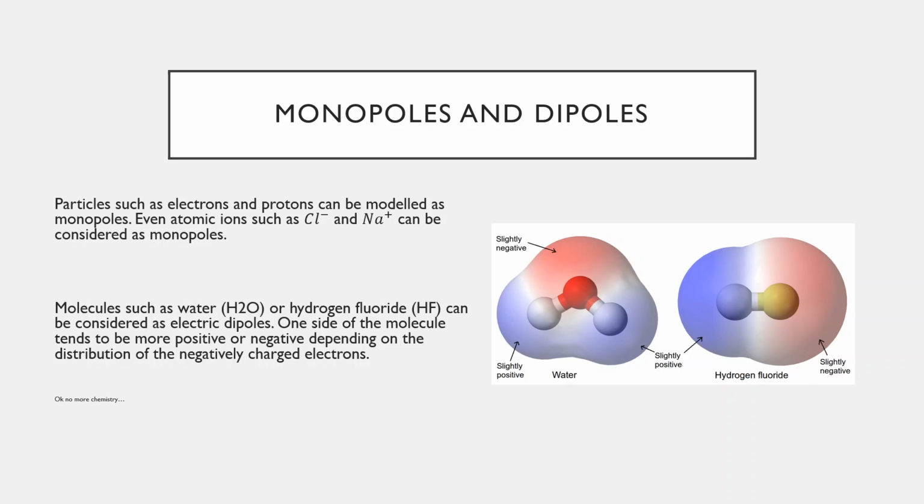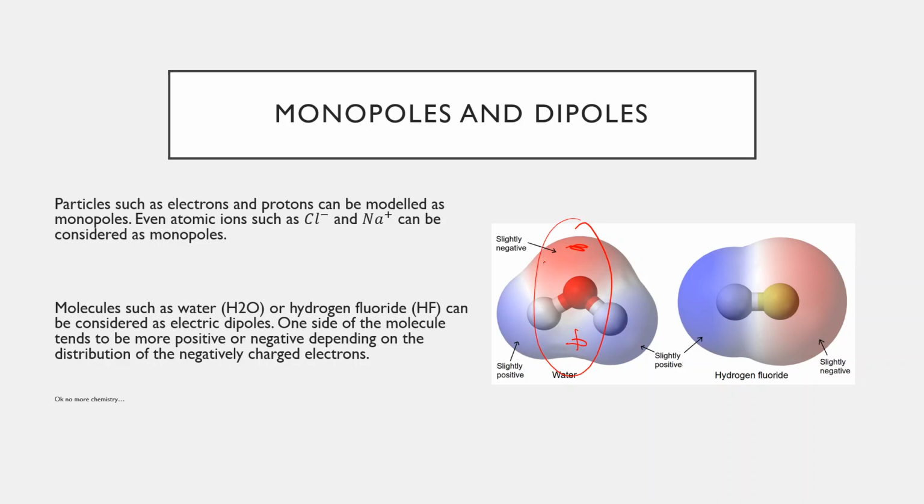So overall, the molecule itself is skewed in its charge, so that the region around the oxygen atom is more negative than the region surrounding the hydrogen atoms. So this is like saying this is a negative charge here, there's a positive charge here. There you go, that's a dipole.